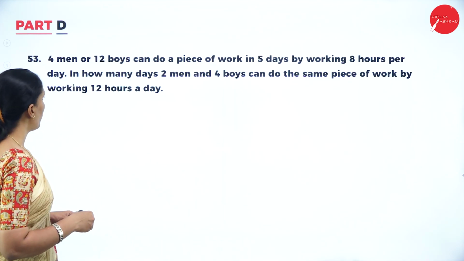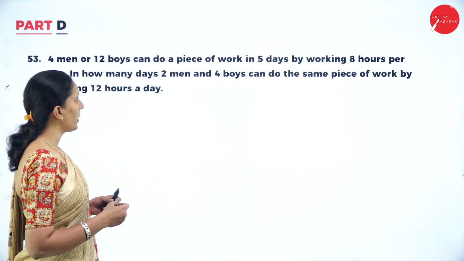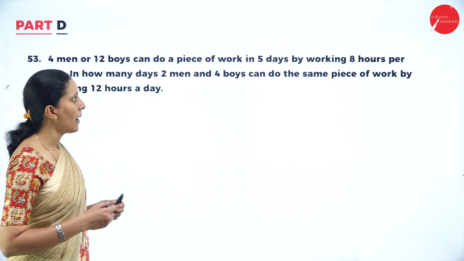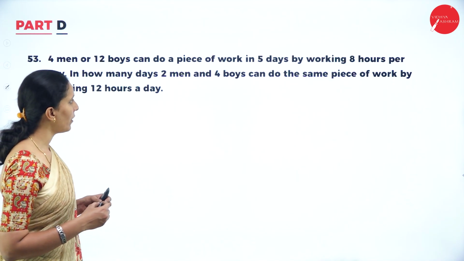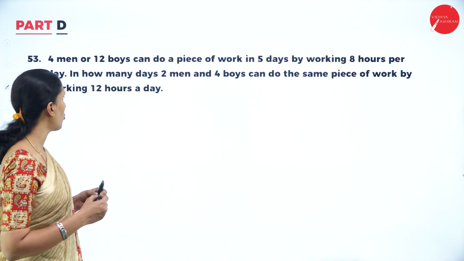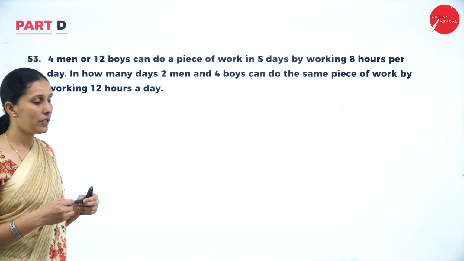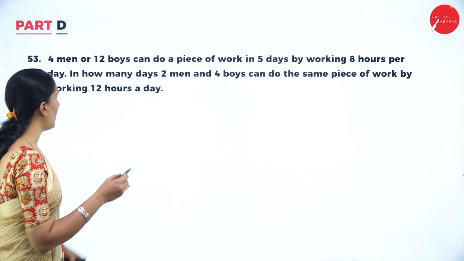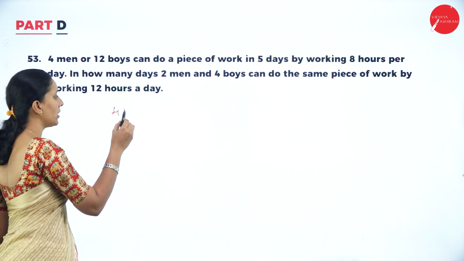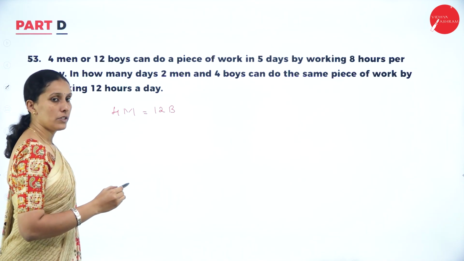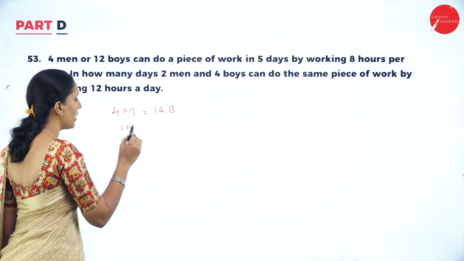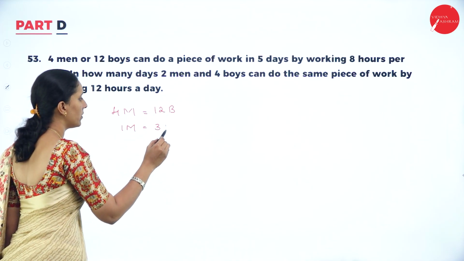Next question. 4 men or 12 boys can do a piece of work in 5 days by working 8 hours per day. In how many days can 2 men and 4 boys do the same piece of work by working 12 hours a day? So 4 men or 12 boys, that means we have a ratio here. 4 men is nothing but 12 boys, so this indicates 1 man is equal to 3 boys.